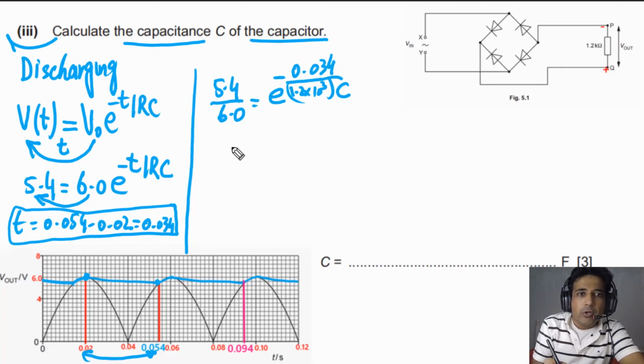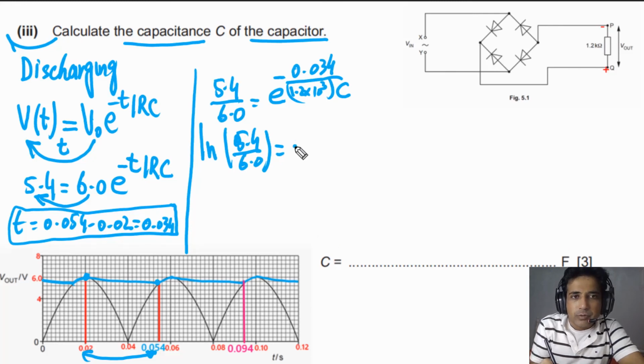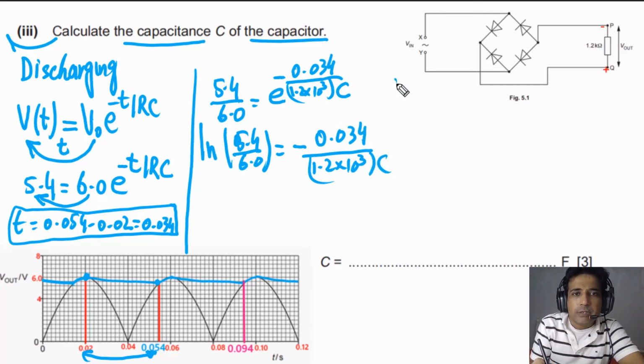Now if we take ln on both sides, we get ln of 5.4 divided by 6.0 equal to minus 0.034 divided by 1.2 times 10 to the 3 times C. ln of e is equal to 1, so that's the reason we have cancelled e.